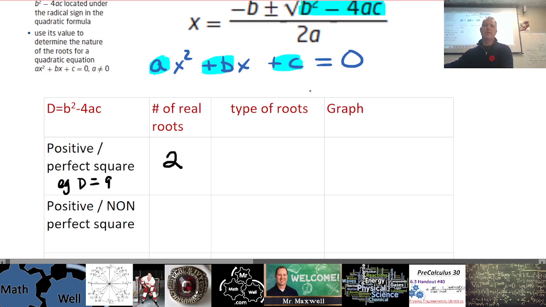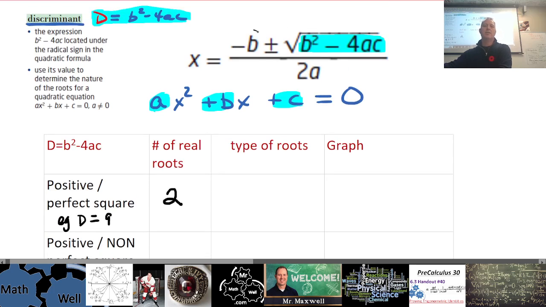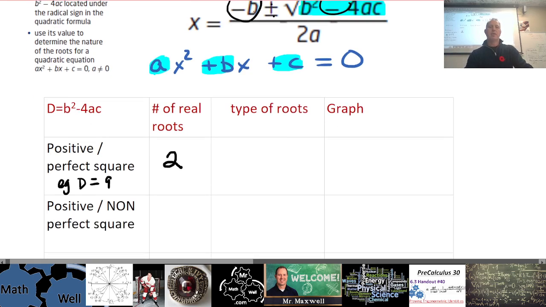Think back to last lesson, we had a number plus a number over 2a, and then a number minus a number over 2a, 2 different roots. So the type of roots are rational roots.